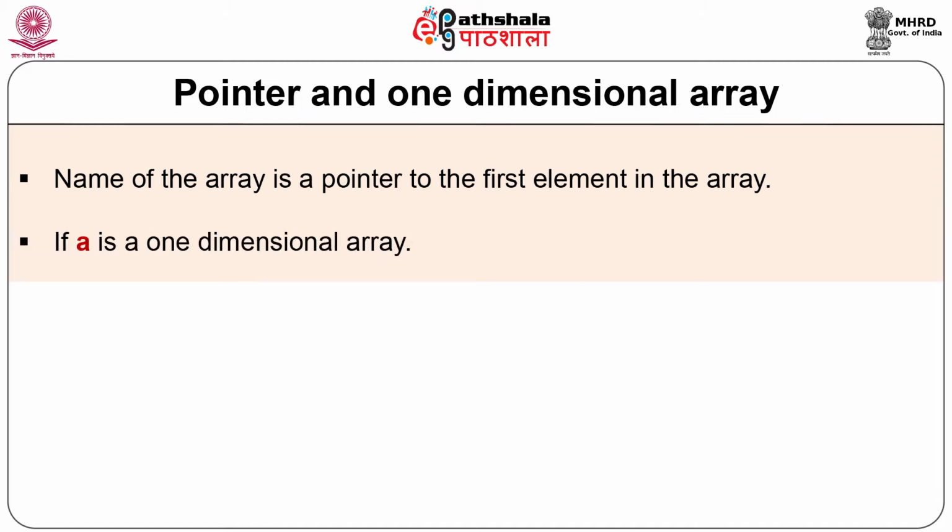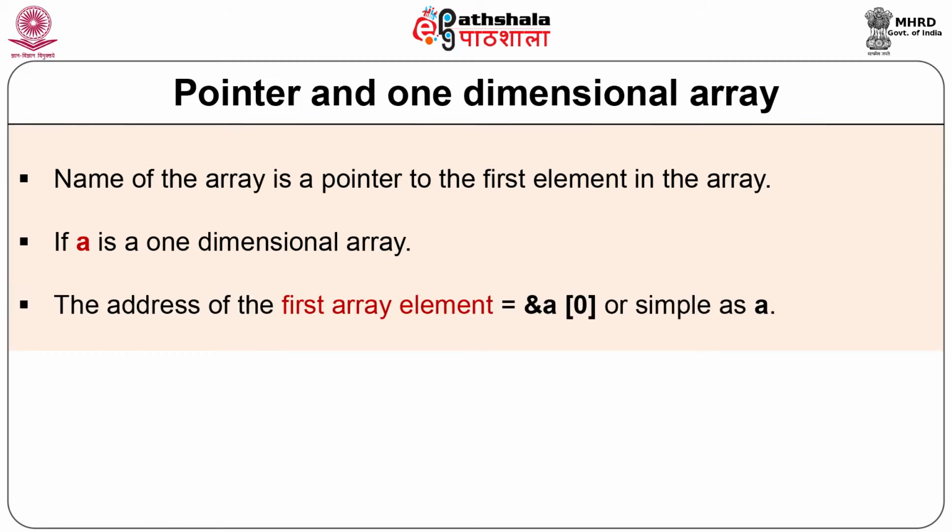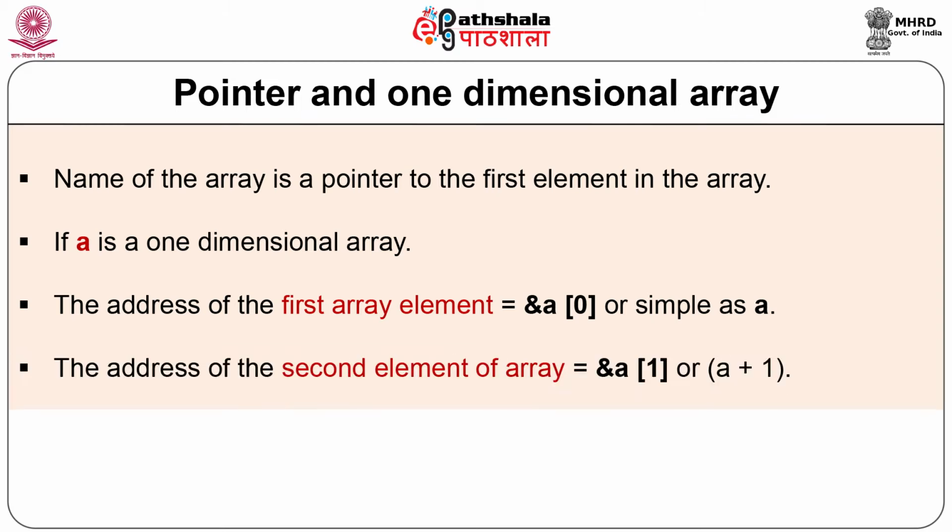If A is a one-dimensional array, then the address of the first array element is &A[0] or simply A. The address of the second element of the array is &A[1] or A + 1 and so on.